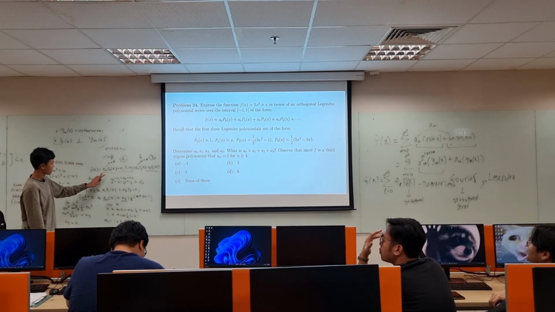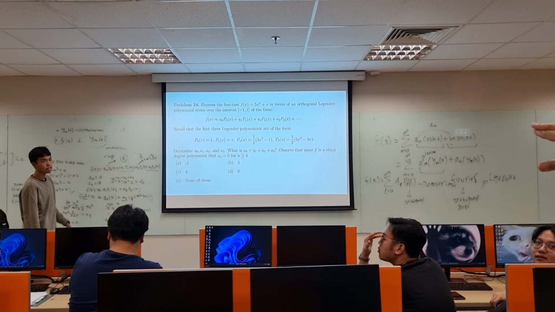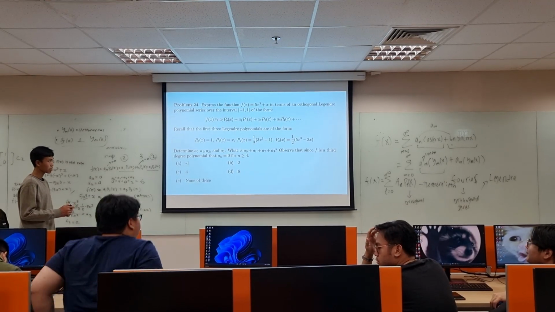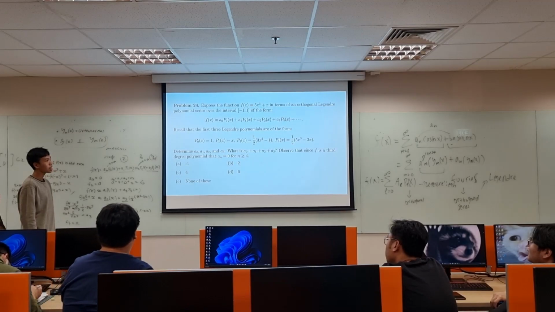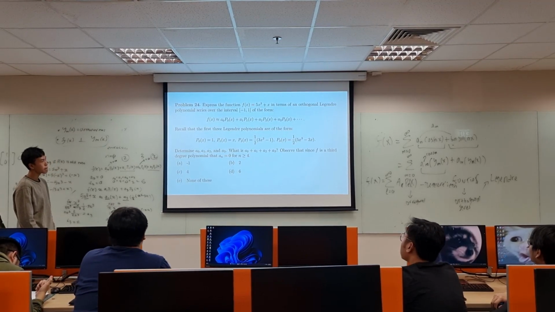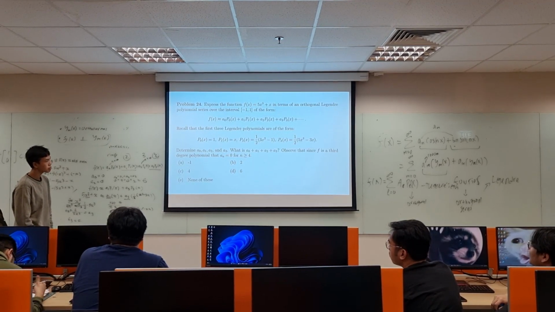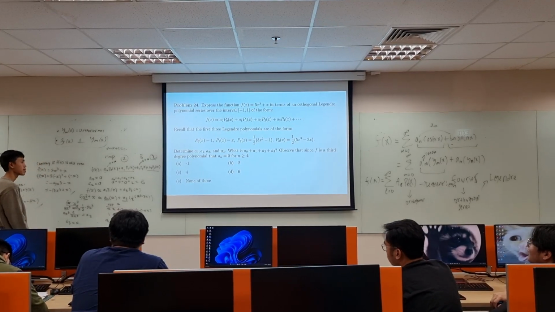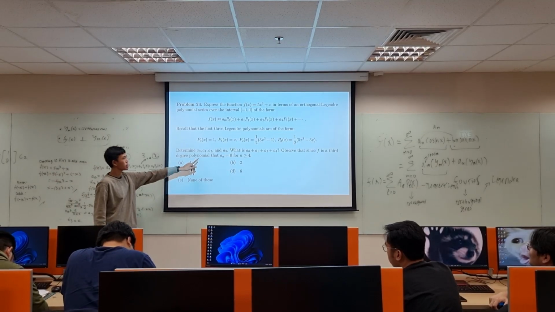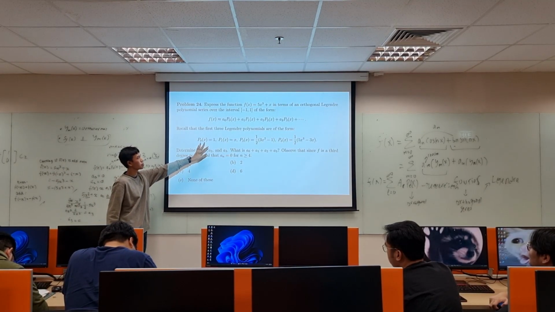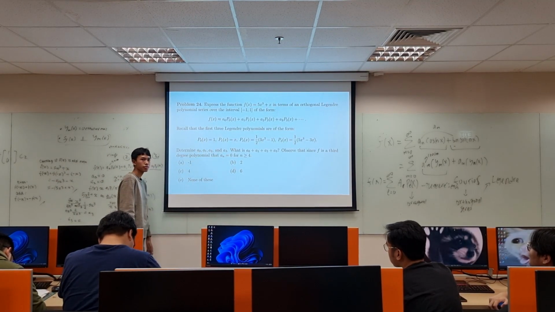Okay, have you discussed this? Can you show that these Legendre polynomials are orthogonal? How do we know if they are orthogonal? So we do an orthogonality check with P0, P1.